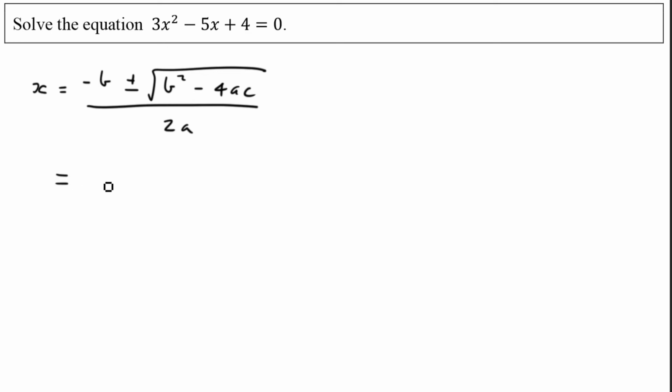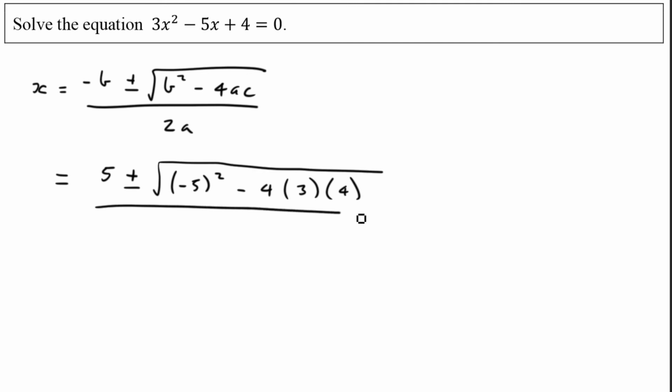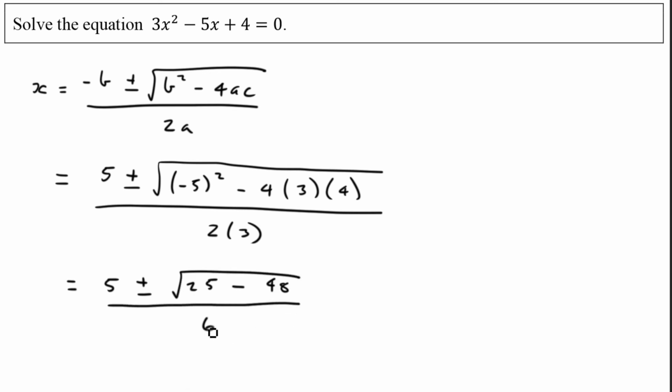So b is negative 5, so the negative of negative 5 is 5, plus or minus b squared, so we have to take the negative 5 and square it, subtract 4 times a, which is 3, times c, which is 4, all of that lives under a square root, divided by 2a, 2 times 3, so we have 5, plus or minus negative 5 squared is 25, subtract 4 times 3 times 4, which is 48, rooted, divided by 2 times 3, which is 6.